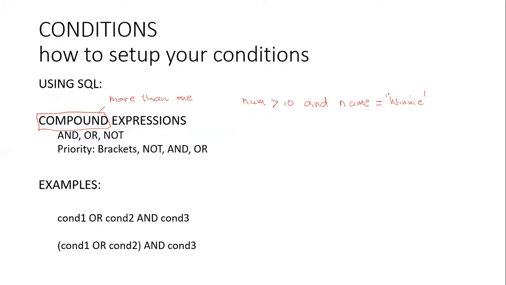You will notice I'm making use of the single quotes. So this is how I would write my statements in Delphi. There are two separate conditions, and we join the conditions using the AND operator. You could use different operators, either the AND, you could have an OR, you could also have a NOT.